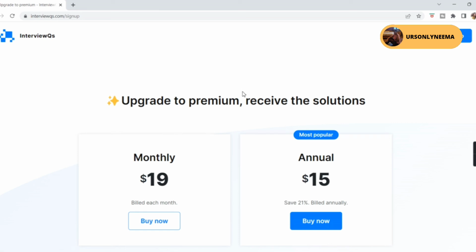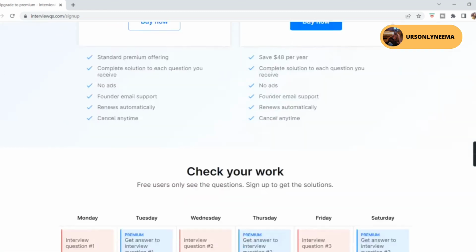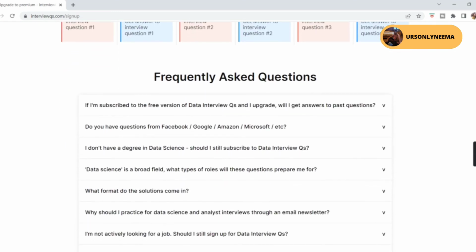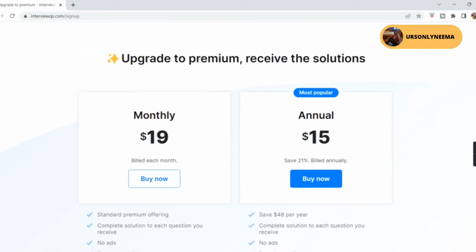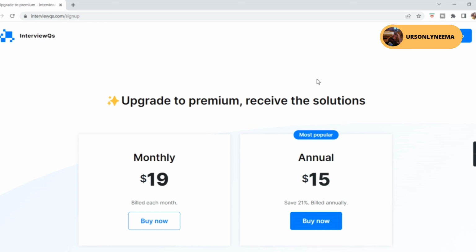In order to upgrade to a premium version to receive solutions, the monthly plan is $19, where you're billed each month, and the most popular is the annual payment. It's $15, where you save around 21%, and it's billed annually. So this is the pricing structure, and it's great to have the paid version because you get the solution very fast. It's a great platform, and I would suggest you look into this resource as well.